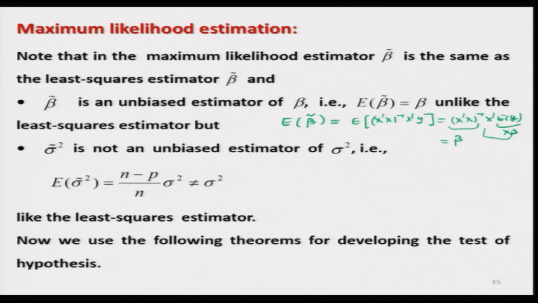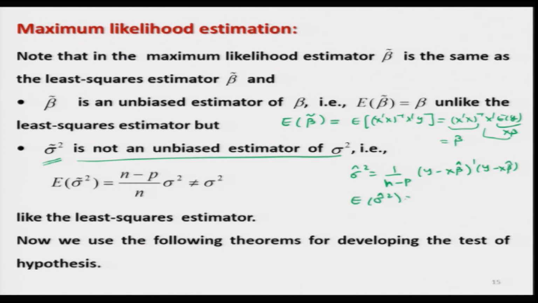But for the estimators of sigma square, the maximum likelihood estimator of sigma square, indicated by sigma tilde square, is not an unbiased estimator of sigma square, right. You had already obtained earlier that sigma hat square was 1 over n minus p times (y minus x beta hat) transpose (y minus x beta hat), and you had proved that the expected value of sigma hat square is equal to sigma square. So, if you want the unbiased estimator, the divisor has to be n minus p.